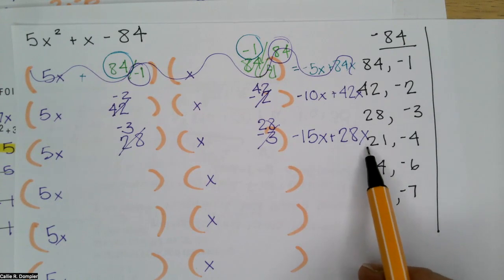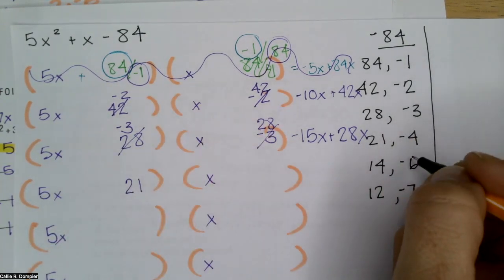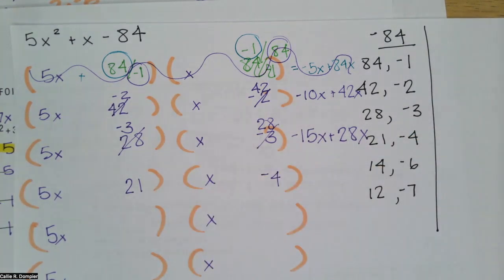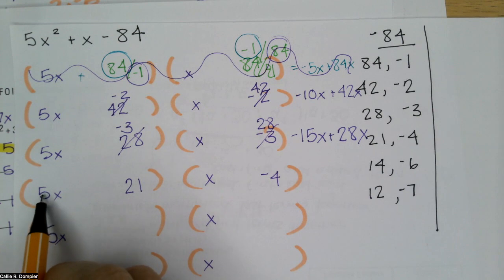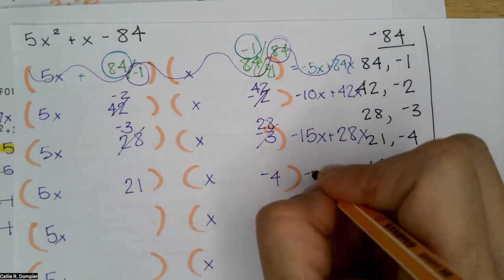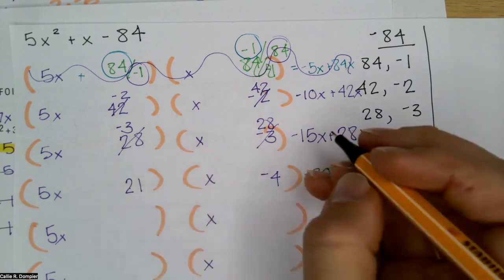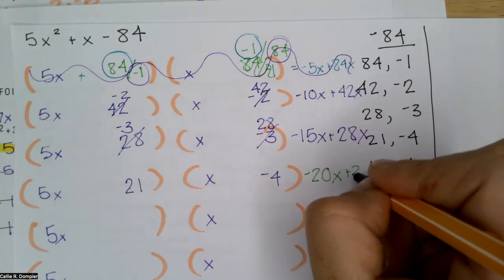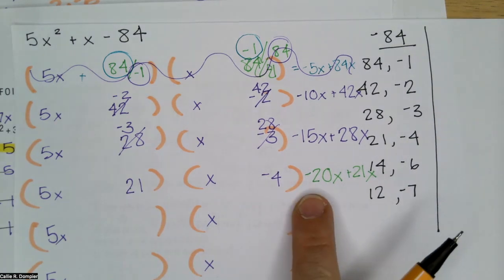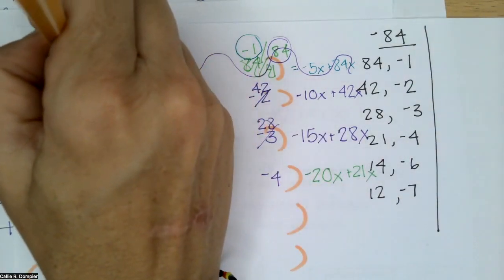Okay, I'm going to do 21. 21 here, -4 here. Good. 5x times x is 5x squared. 5x times a -4 is a -20x. And then 21 times x is plus 21x. -20x plus 21x gives me this.